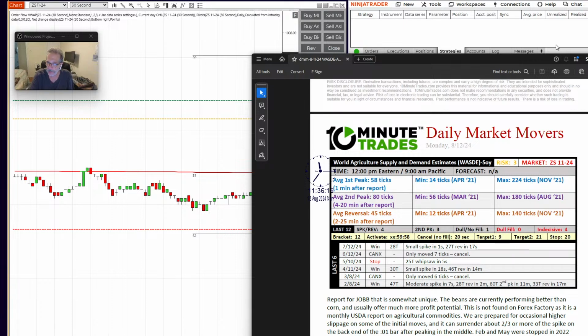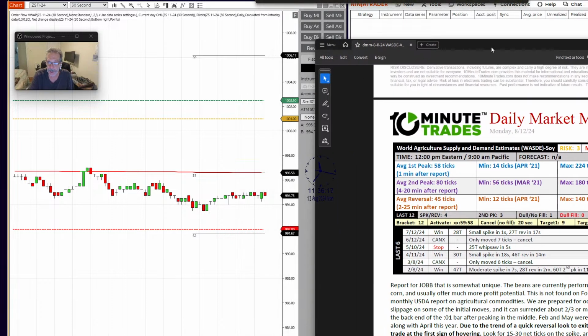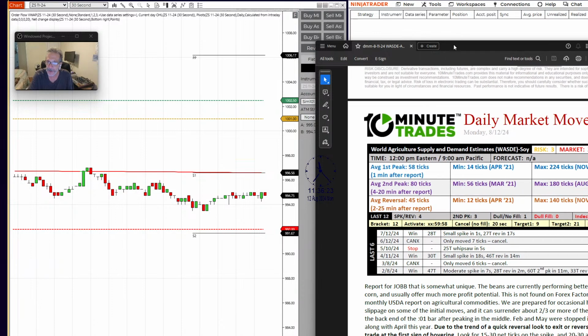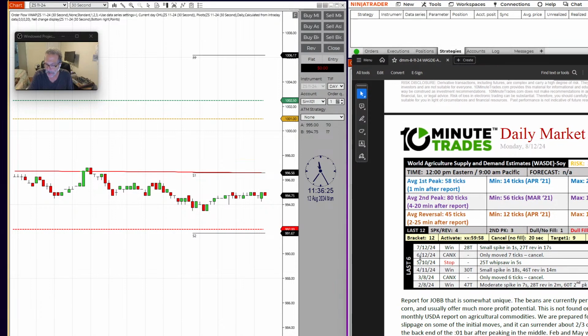So I normally always trade WASDE. It's just one of the reports that I accept the fact that it goes through these periods. Right now it's going through one. Looking at our last 6 on this journal, it's had 3 that were good, 2 cancels. And in June, I don't think I canceled. I think I waited, and it was not a great outcome.